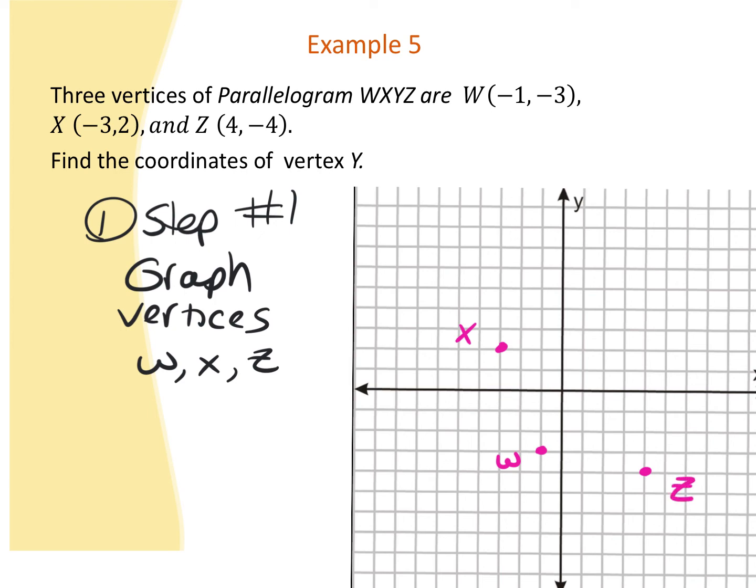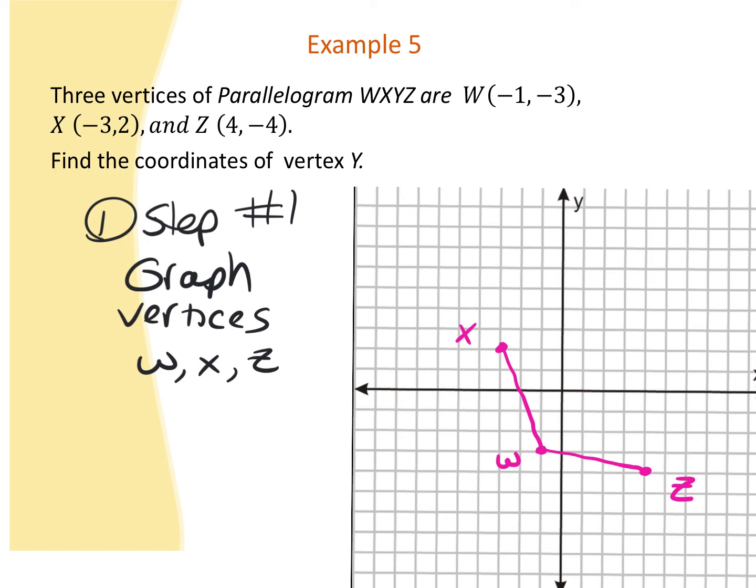I'm going to go ahead and connect them. So what they want me to do is find the missing 4th vertex, which is vertex Y. Now, remember, by definition, a parallelogram has 2 pairs of parallel sides.